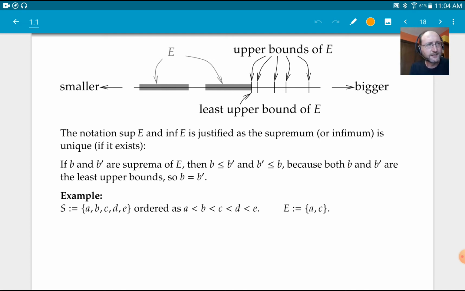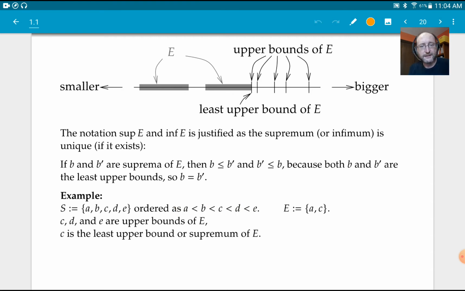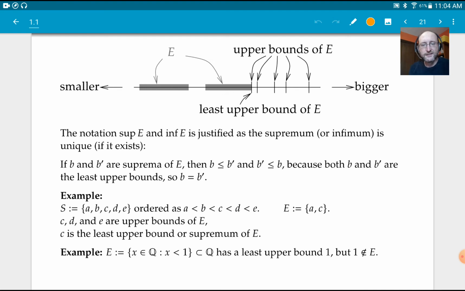That's our ordered set, and our subset E is A and C. Then C, D, and E would be upper bounds, because A and C are in the set. And C is the least upper bound, because we have 3 upper bounds, and C is the smallest one of them. So C is the least upper bound.